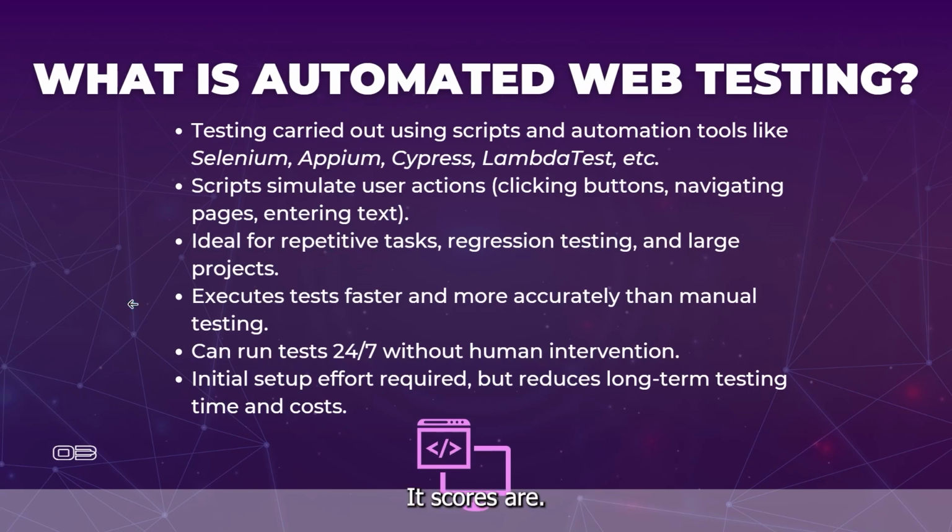Its cons are you need some initial setup effort for this to be done, since you need to be scripting or coding a script for this to work. But in the end, it reduces long-term testing time and costs, or the need for hiring a manual tester for your websites.